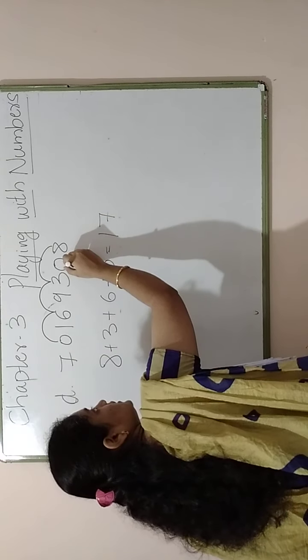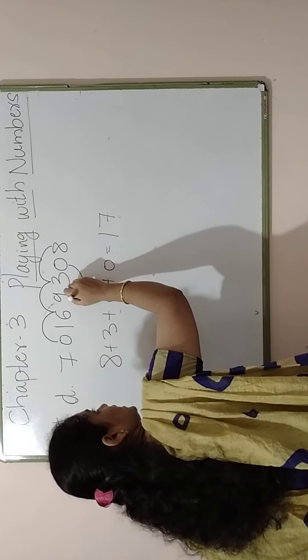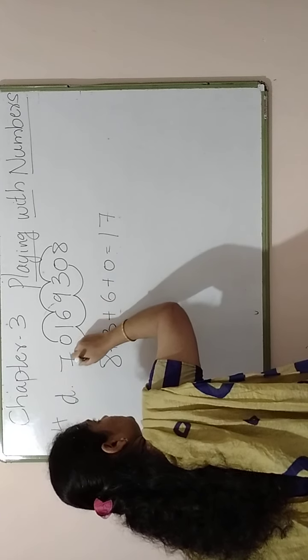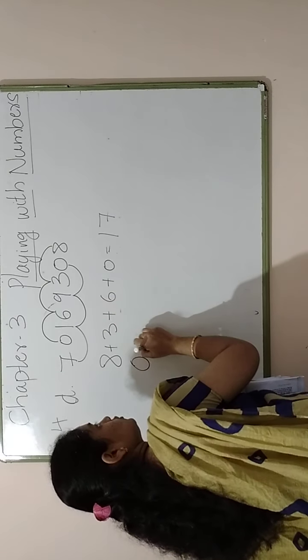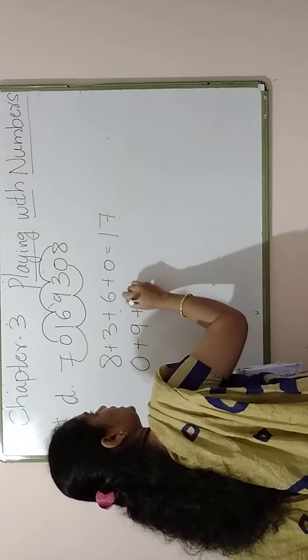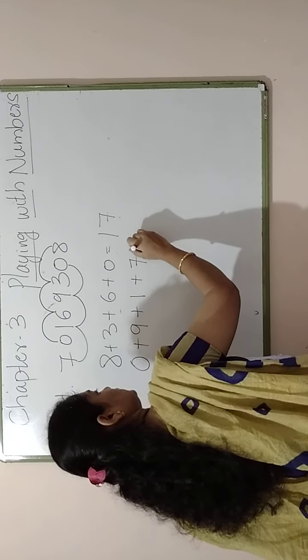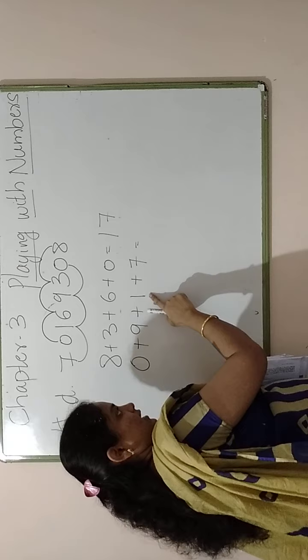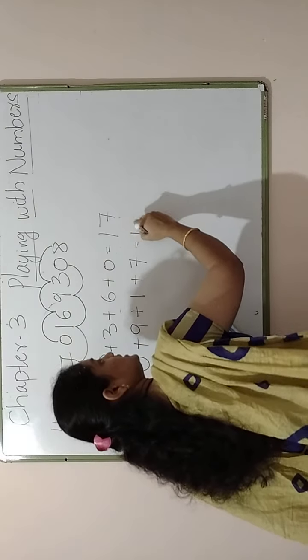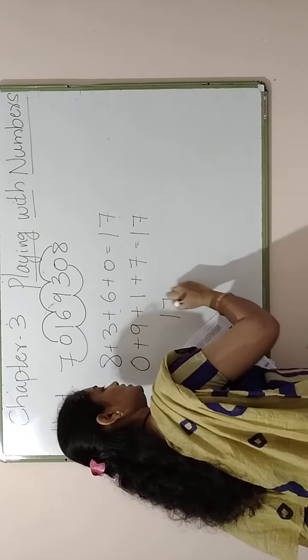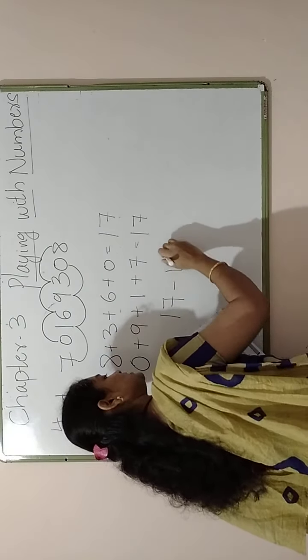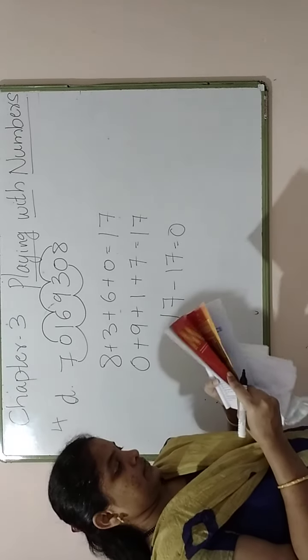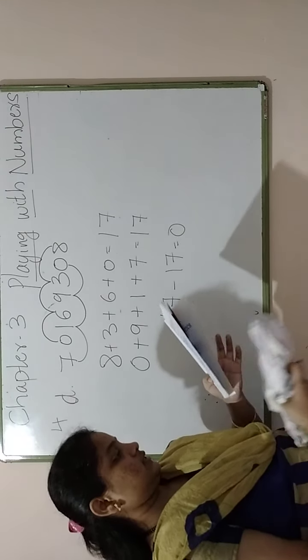Okay, now the other sum is 0 plus 9 plus 1 plus 7. 0 plus 9 plus 1 is 10, 10 plus 7 is 17. So this is 17 minus 17, which is equal to 0, and hence this number is easily divisible by 11. Okay, so now the next one.